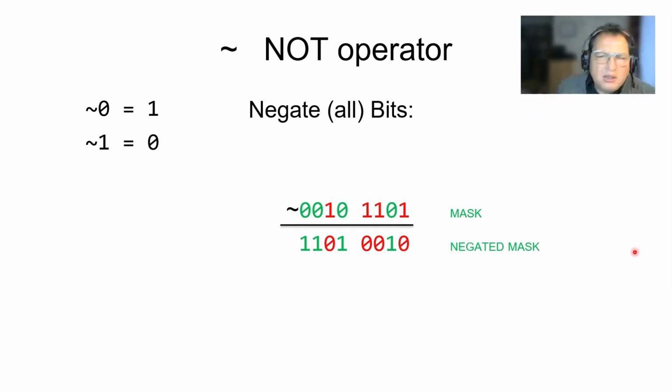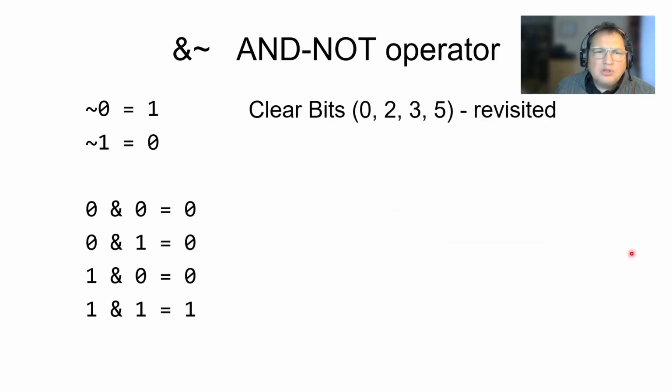This opens the way to some improvement to our procedure for clearing bits, because we can now use the combined AND NOT operator. So the AND operator and NOT operator used at the same time. So once again, let's clear bits 0, 2, 3, 5 in a new way.